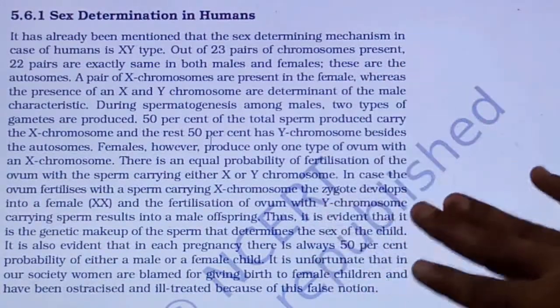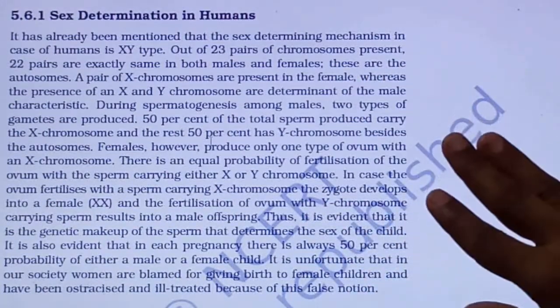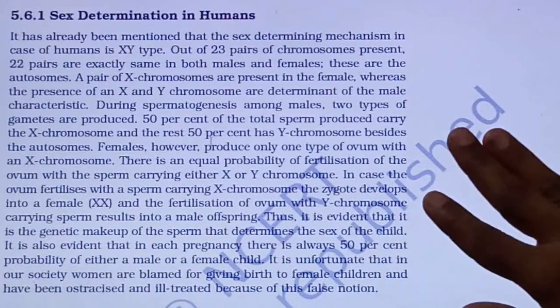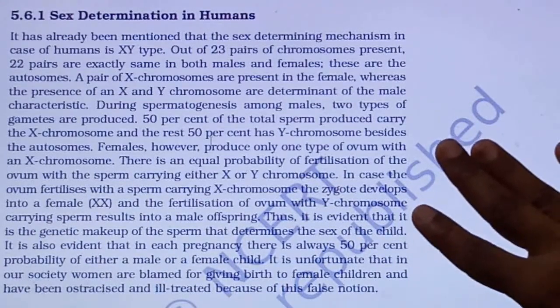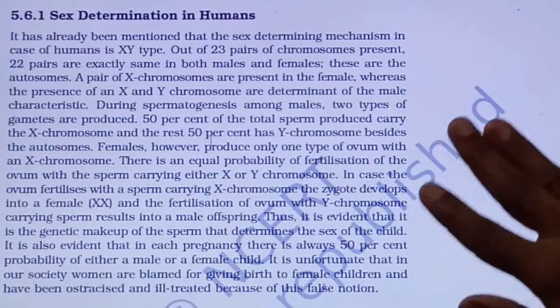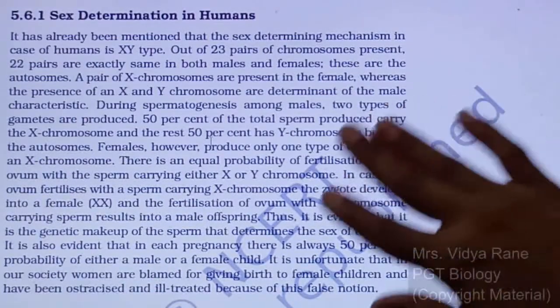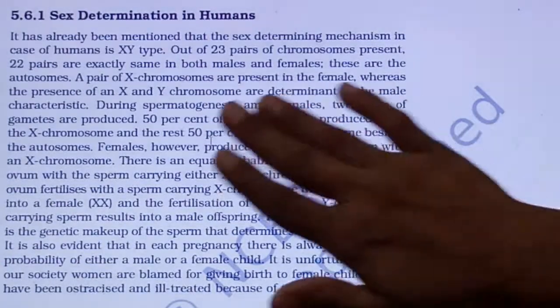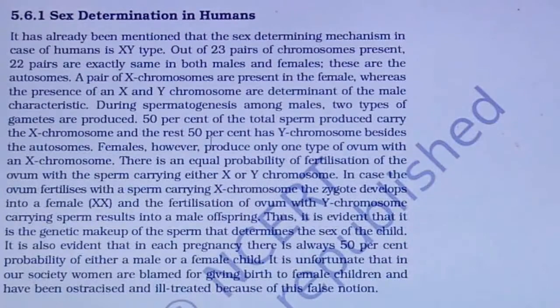Or all are blaming the female for not giving birth to a baby boy. So are they doing right? Like that, social issue based questions will also be asked, but the answer is here.